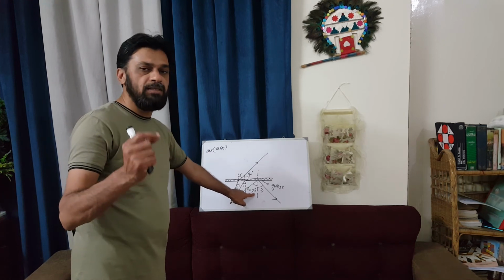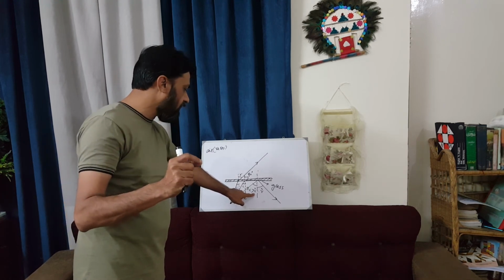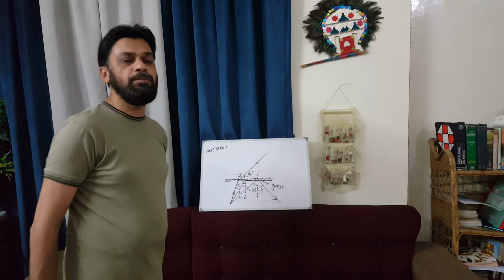If angle of incidence is greater than critical angle, the entire light comes back towards its original medium, that is a denser medium. This phenomenon is known as total internal reflection. You can say when the angle of incidence becomes larger than the critical angle, then the entire light is reflected back into the denser medium. This is known as total internal reflection.